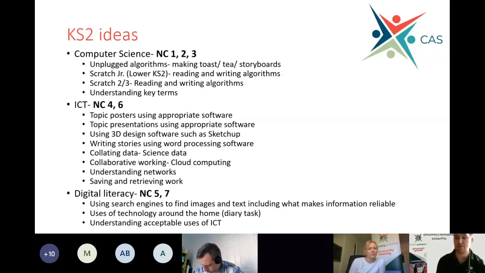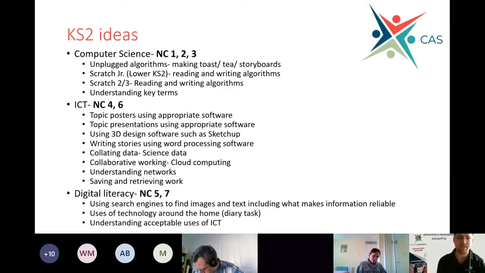So Scratch 3 has got some add-ons, so if you happen to have some Lego robots, you can use Scratch 3 to program your Lego robot, and there are lots of other modules that you can use Scratch for as well, and get that physical computing from the computing national curriculum as well.